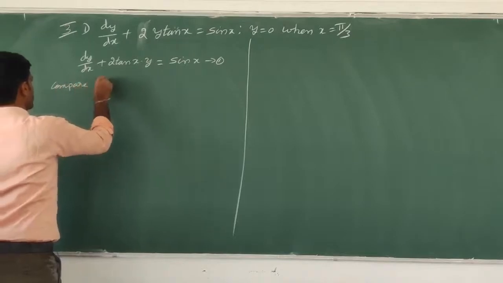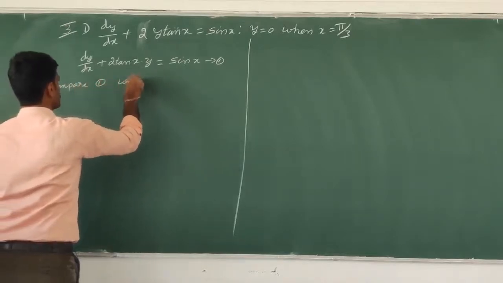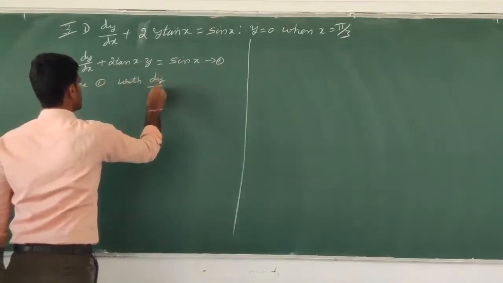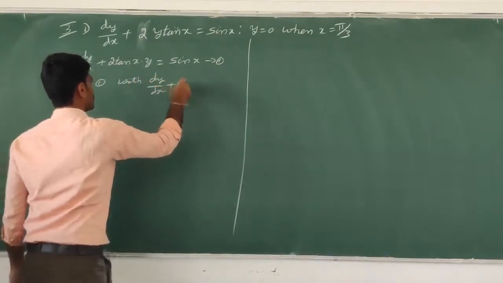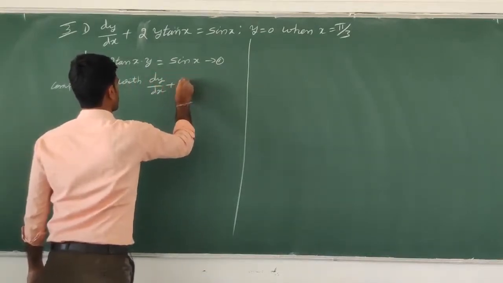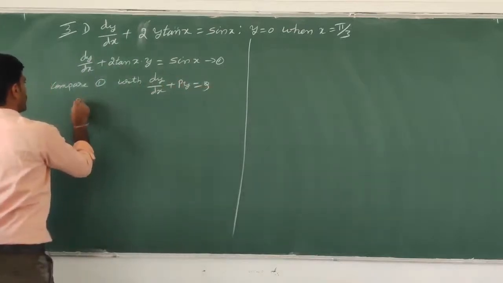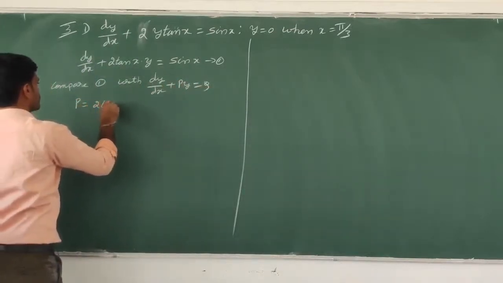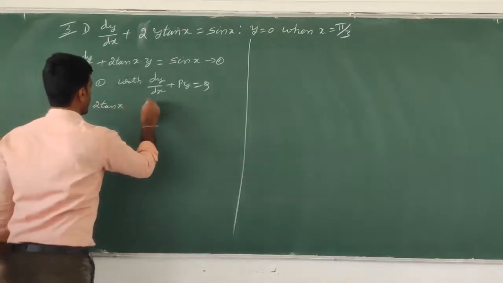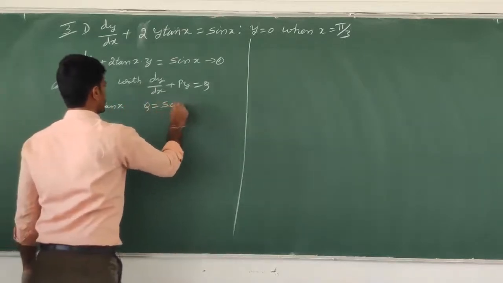Compare equation 1 with dy by dx plus p into y is equal to q. We get the value of p as 2 tan x and the value of q as sin x.